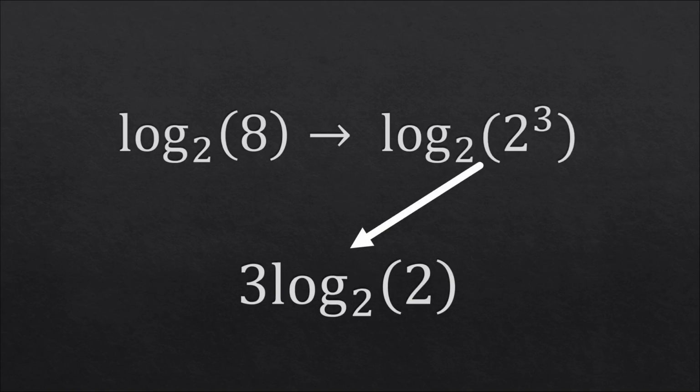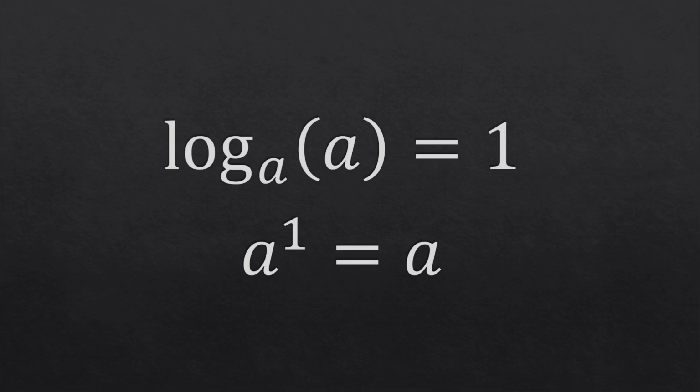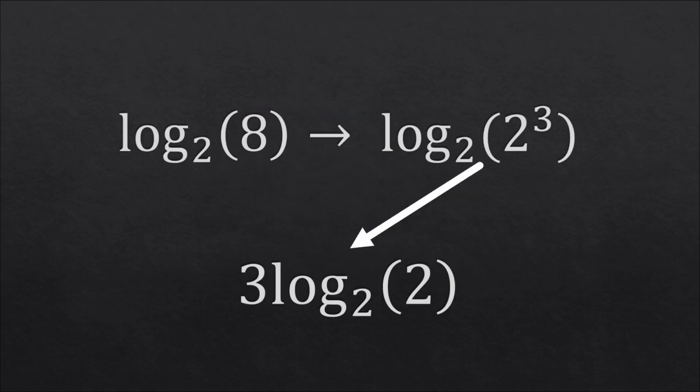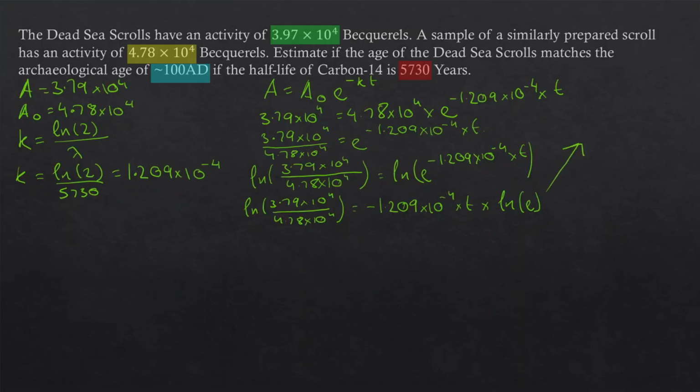We can then remove the index and put it at the front of the logarithm, making it 3 log base 2 of 2. Whenever there is a logarithm with a base equal to the argument, it will always equal 1. So, therefore, to simplify a logarithmic equation, we can move down the index to the front of the logarithm. This allows us to simplify it down.